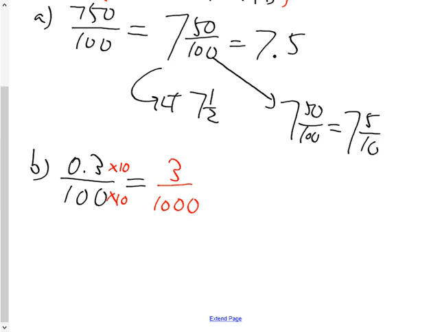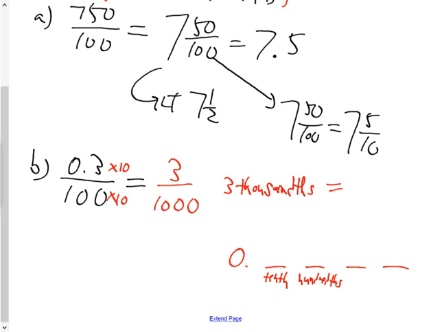So 0.3% is 0.3 of 100. As an equivalent fraction, it's 3 over 1,000. And if I read this as 3 thousandths, and when I go to write it as a decimal, this is your tenths, that's your hundredths, and that's your thousandths, and so on and so forth.